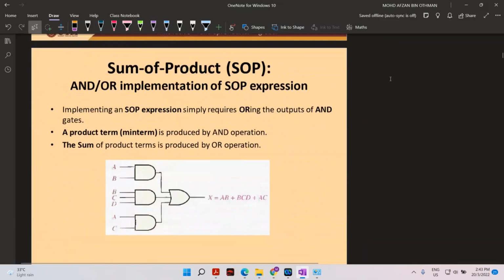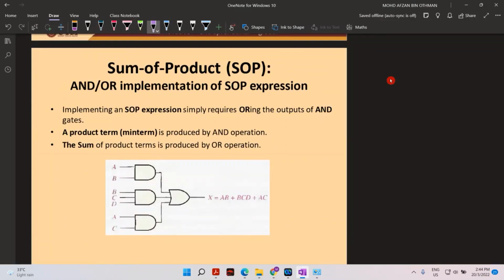Okay, so how do we implement a sum of products? Okay, so the sum of products will be implemented by using the logical AND and OR for the SOP expression. So implementing an SOP expression simply requires ORing the outputs of AND gates. It means that you have AND gates, then after that you combine them together by using the OR gate.